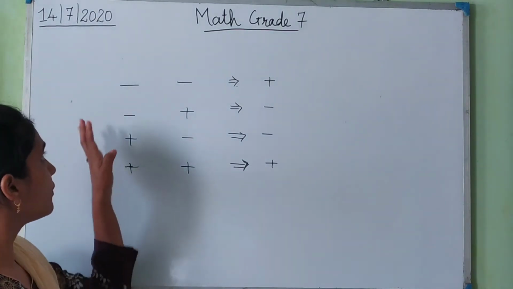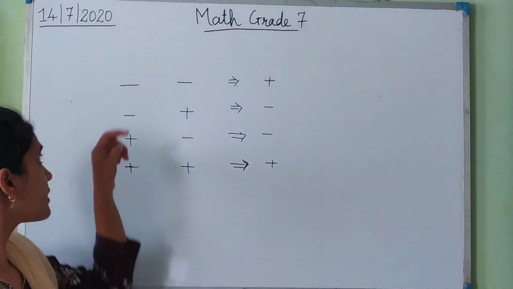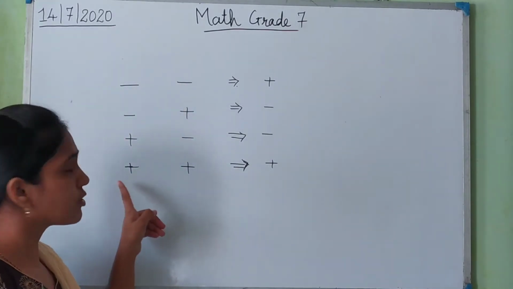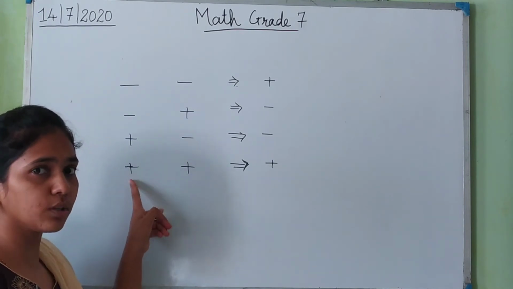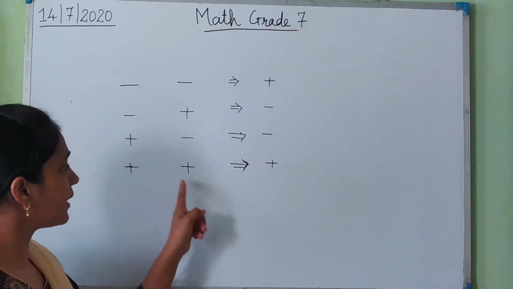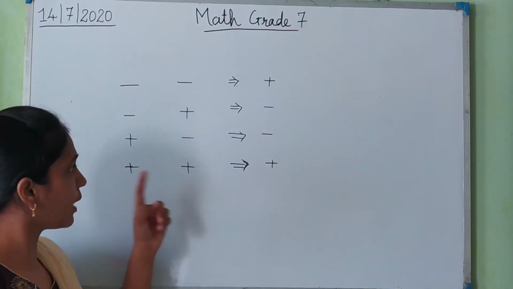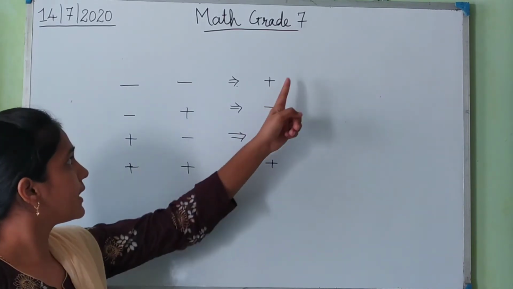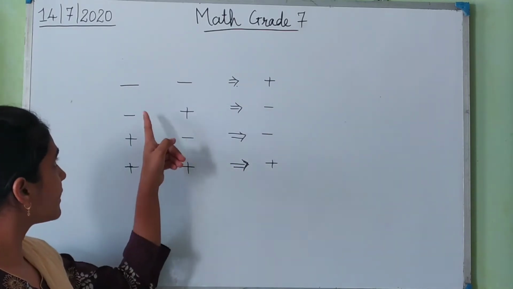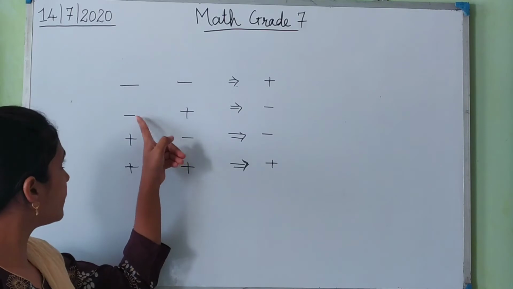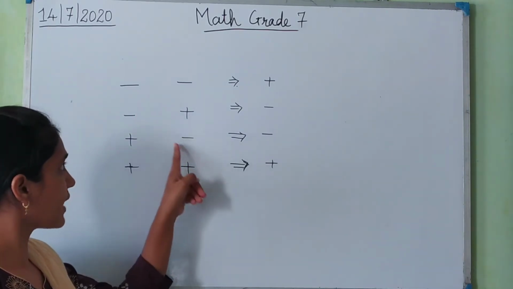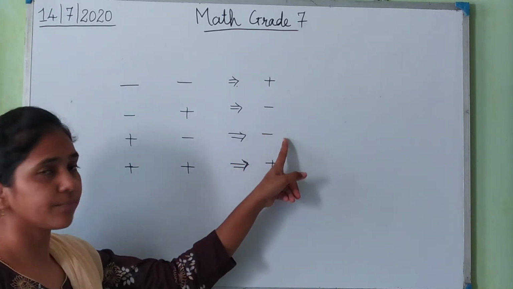This is a simple rule. If we are dividing two numbers with the same signs, that is, both are positive or both are negative, then the sign of the answer is positive. And if even one of the numbers has a negative sign, then the answer will be negative.